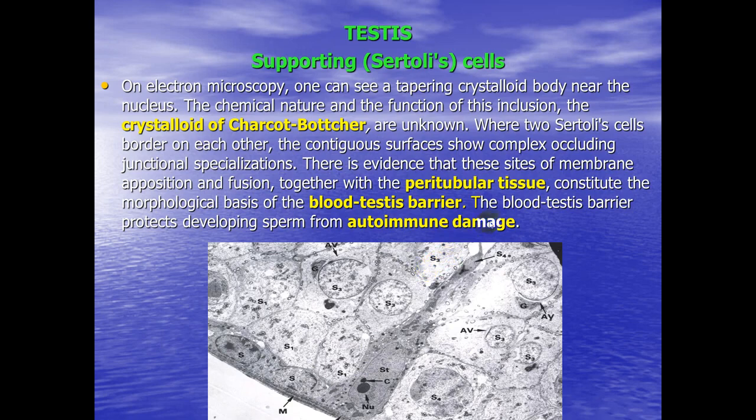That's why the blood-testis barrier protects developing sperm cells from outer immune damage, from outer immune attack.